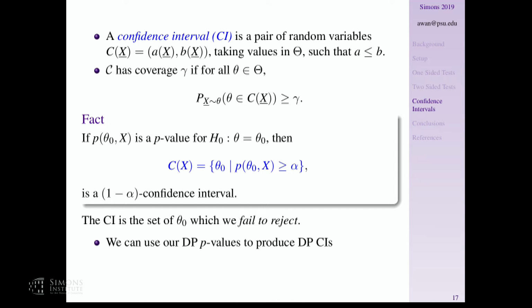So those are the plausible values of theta, and we'll keep all those. And they could have a very funky shape, but if you pick nice p-values, you usually get one-sided or two-sided confidence intervals. And we already have differentially private p-values, so we can post-process those to get differentially private confidence intervals.